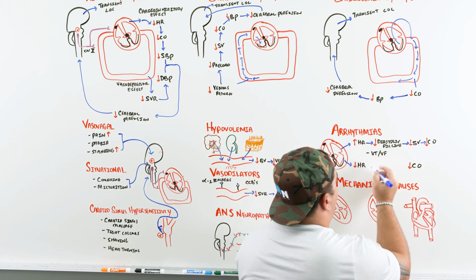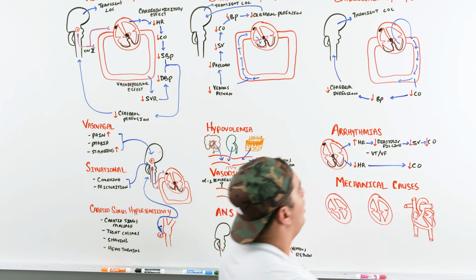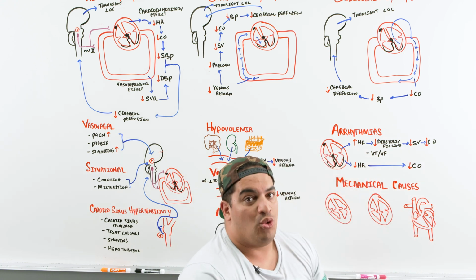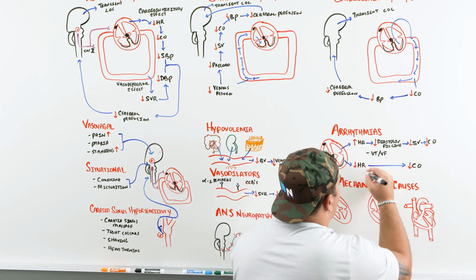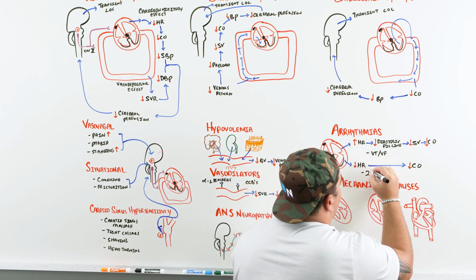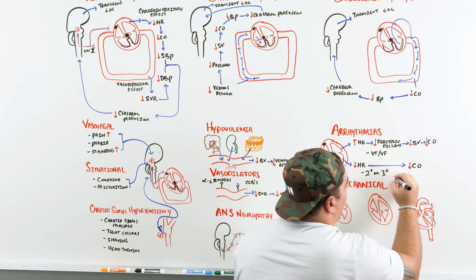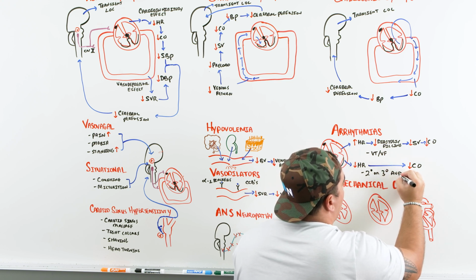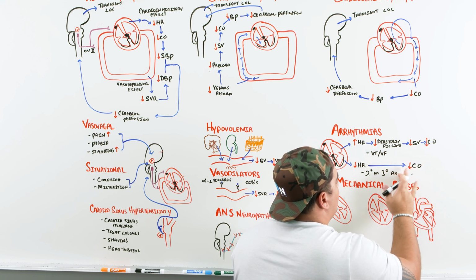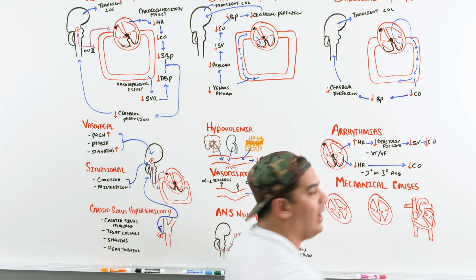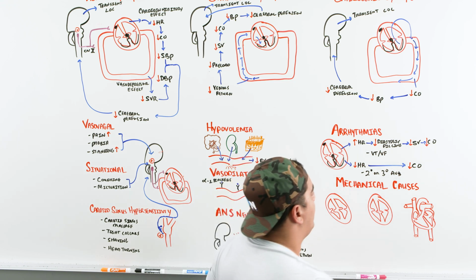This would usually be patients who have complete or very severe heart blocks, so I'm talking generally a second or third degree AV block. Their cardiac output is so low that they're not able to perfuse the brain properly. Okay? So that's generally going to be the concept here.